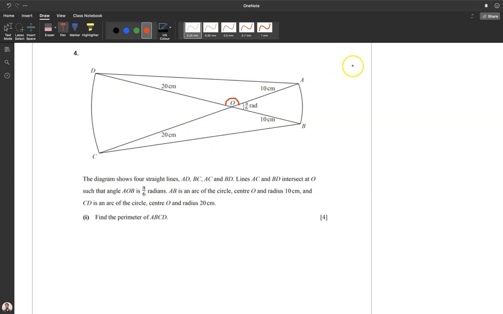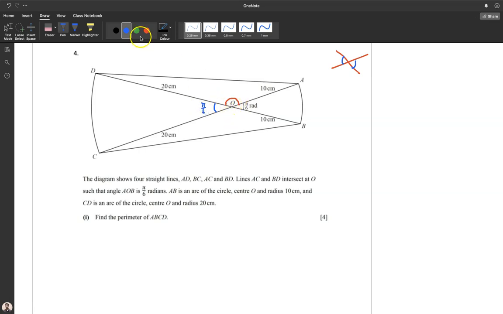Now, if you recall, this is something that you've learned some time ago. If you have 2 intersections of lines that are straight, the opposite angles are always equal to each other. So since this is given as pi over 6, this angle is pi over 6.